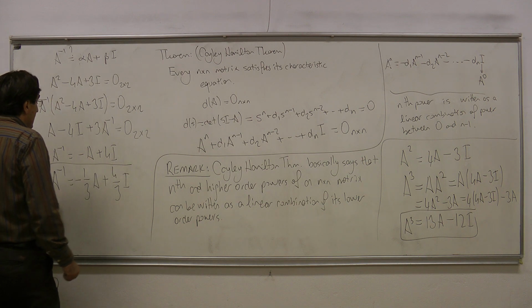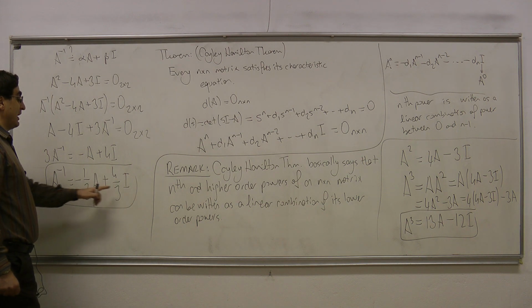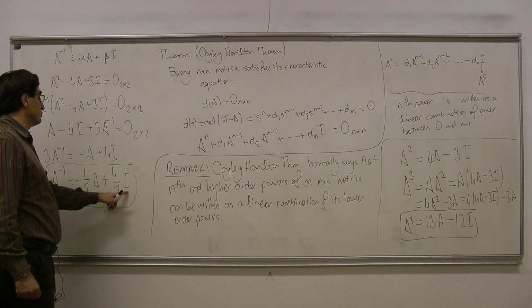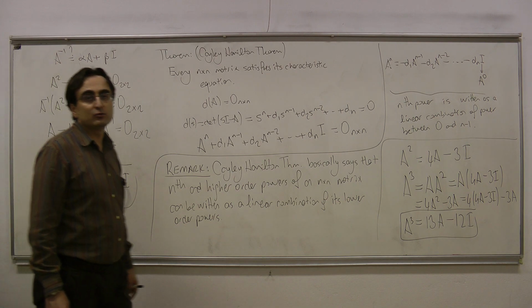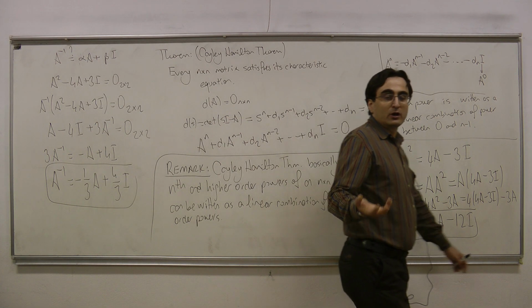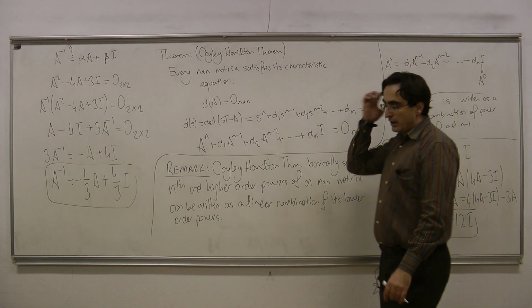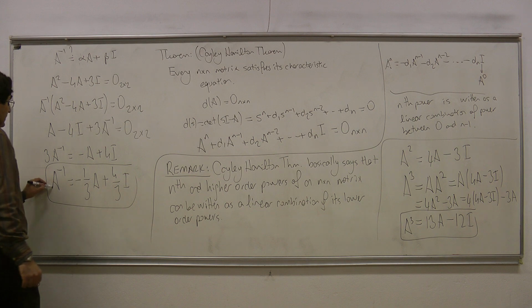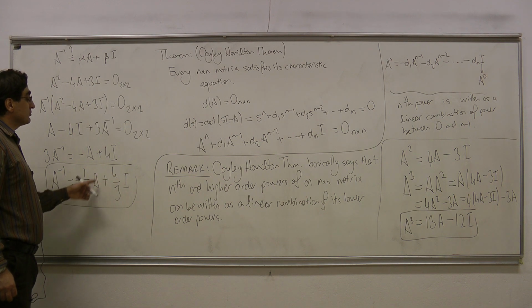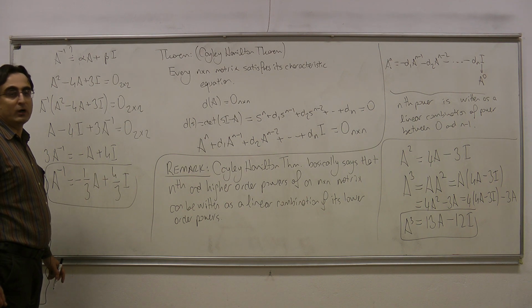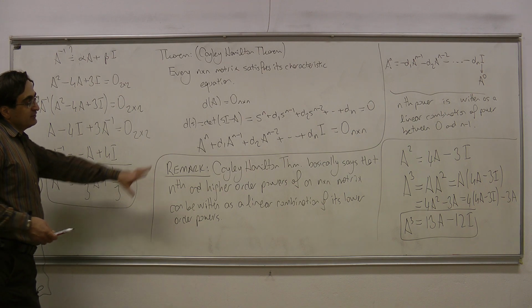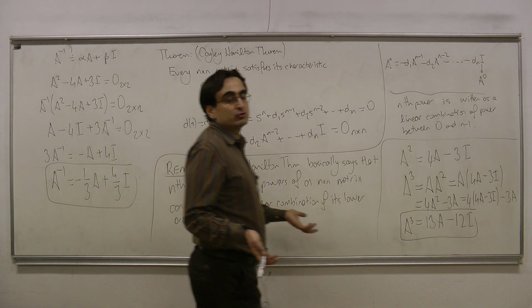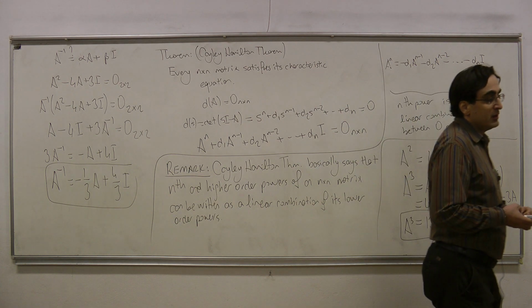So you see that I could write A inverse as a linear combination of A to the 0 and A to the 1 as well. Okay? So I could really do it, so that I could write the negative power of the matrix as a linear combination of its powers between 0 and n minus 1. Okay? So actually this remark can be generalized to the negative powers of the matrix.